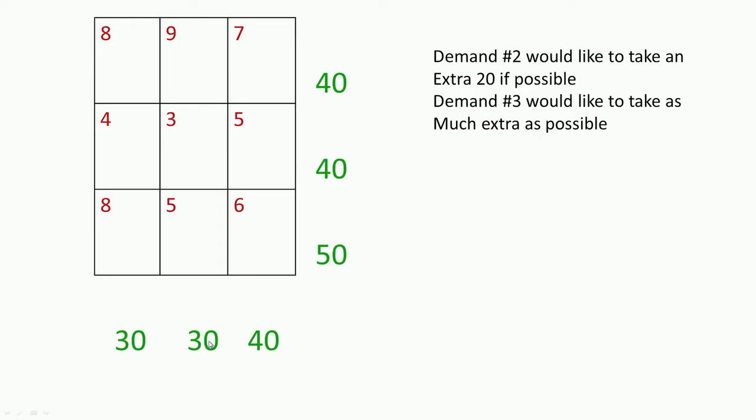Demand 2 knows that the total supply exceeds total demand by 30 units and says up to 20 extra I can take. So, this person can be given any quantity between 30 and 50, the minimum 30 should be given. And this person can be given anything between 40 and 70, because this person has said that he or she would like to take as much extra as possible.